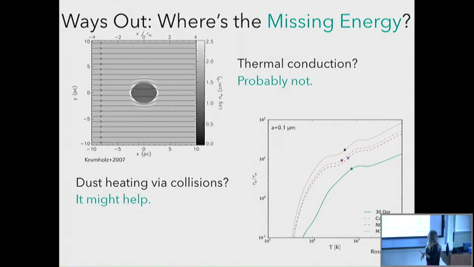Another thing is dust heating. That also depends on how quickly you can replenish the dust, because the dust will eventually be destroyed through sputtering. And here you can see this is showing the dust destruction timescale as a fraction of the crossing time. For the temperatures considered here, we see that the dust can survive for a few crossing times.